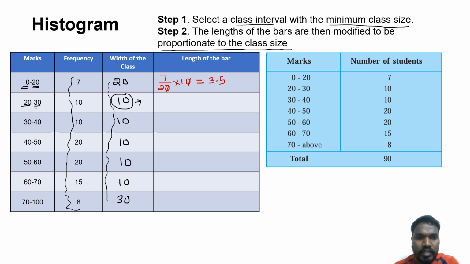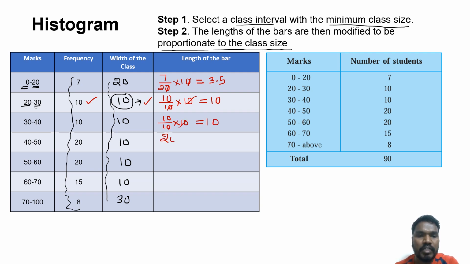Similarly, take the corresponding frequency, divide by the corresponding class size, then multiply by the minimum class size, 10. So 10 upon 10 into 10 is equal to 10.